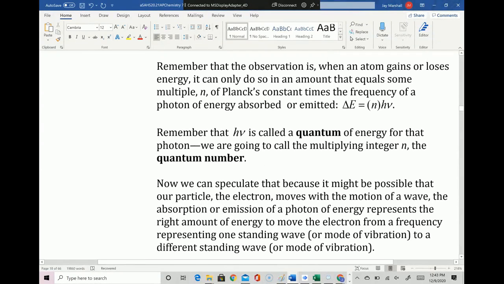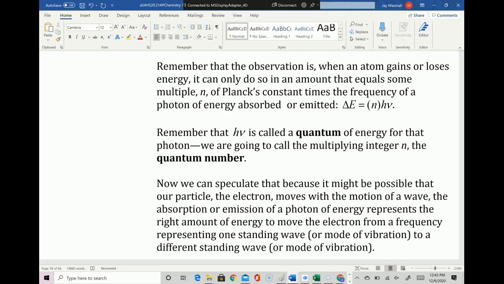So remember that the observation is when an atom gains or loses energy, it can only do so in an amount that equals some multiple n of Planck's constant times the frequency of a photon of energy absorbed or emitted.